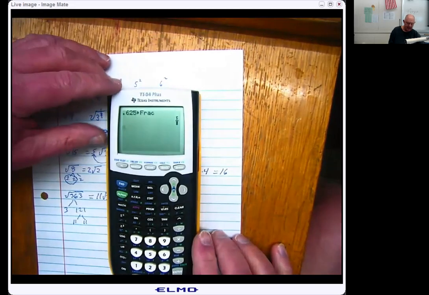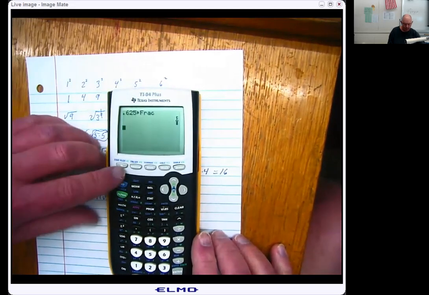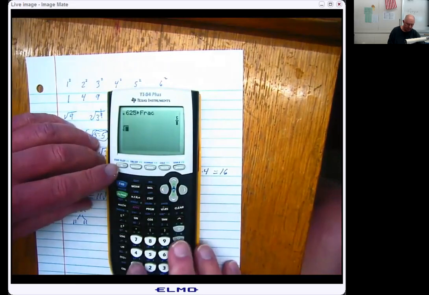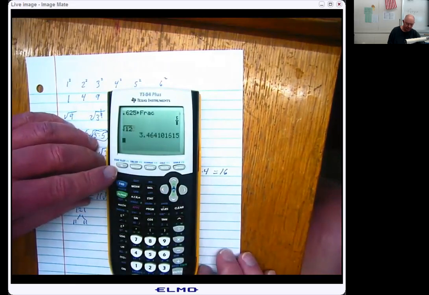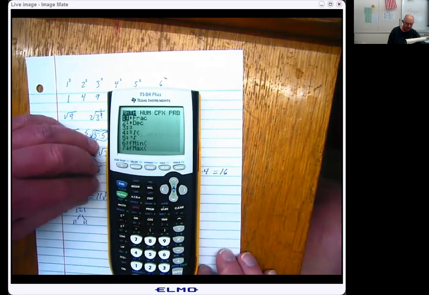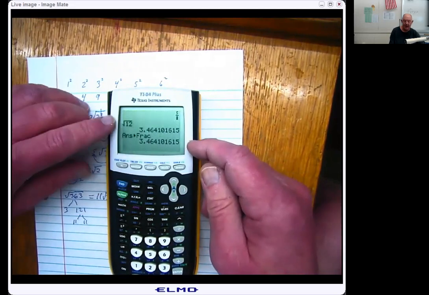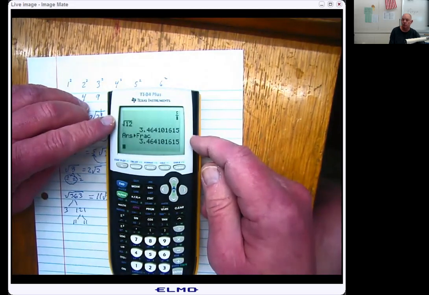Now let's say that I have the square root of 12. Well, if I try and change that to a fraction, it won't do it because that's irrational, because you still have a radical.